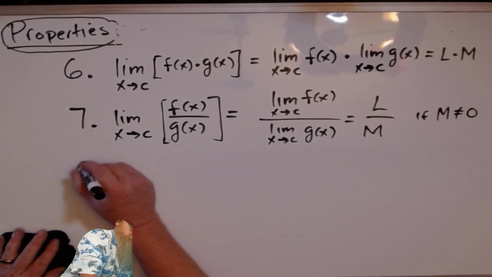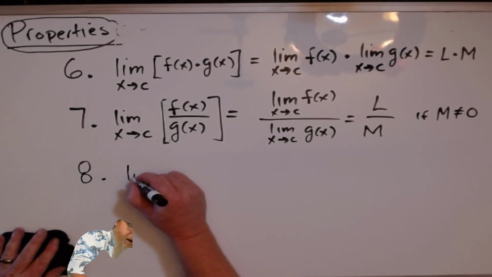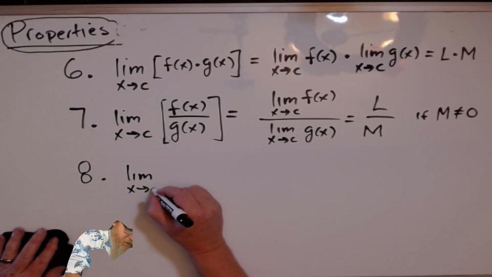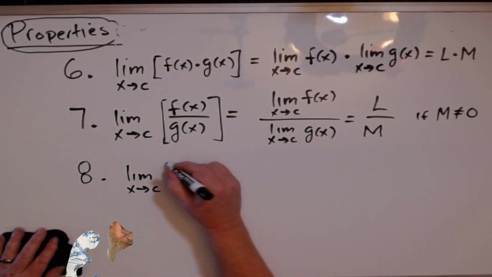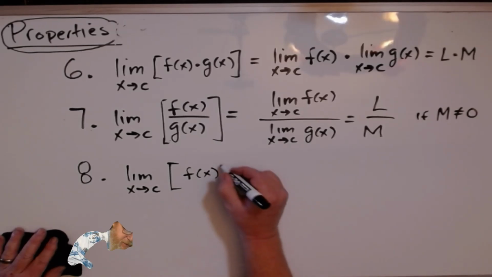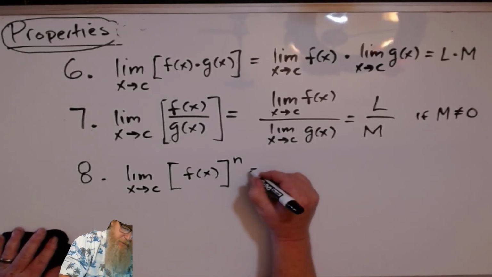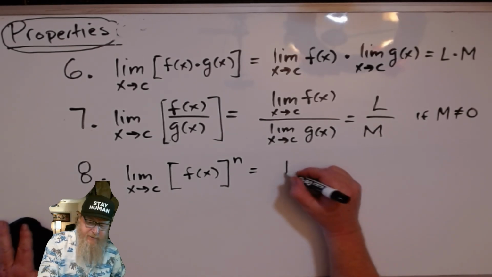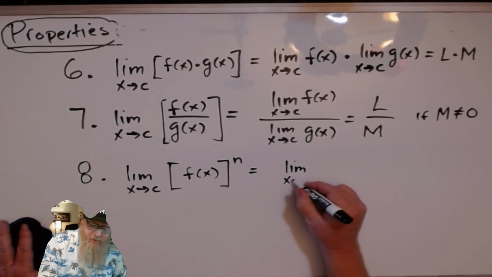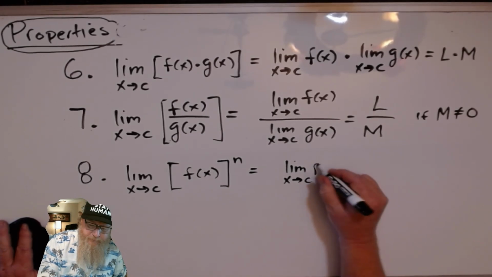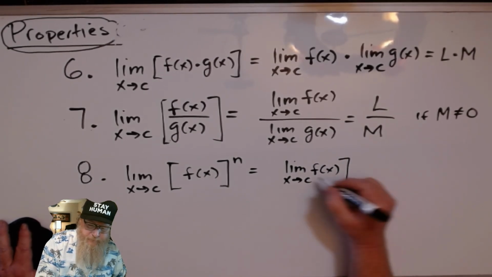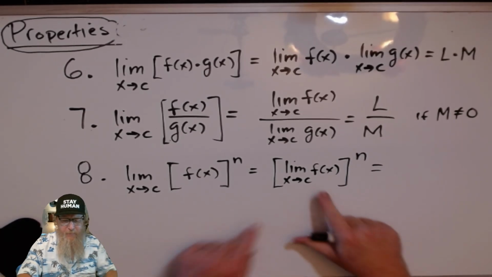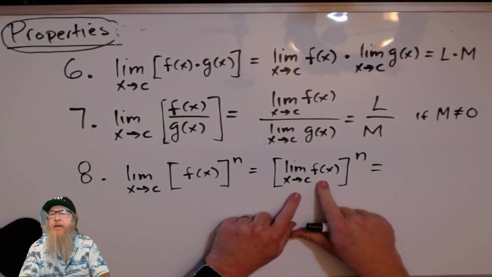Two more, sometimes called the power property. So we have product, quotient, power. The power property, we can take the limit of the function and then raise the answer to the power, whatever the limit happens to be.